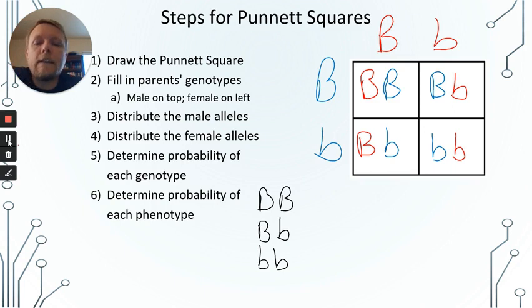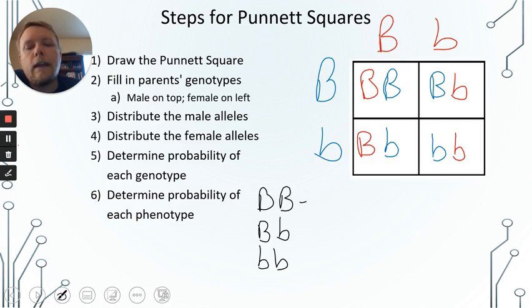Right. So now that I've listed out the possible genotypes, I need to figure out the probability of each. So remember in the previous slide, I said that each of the 4 boxes represents a 1 in 4 chance or 25% chance I'll have that genotype. So we're going to start with a capital B, and I'm going to look up here and I see that in only one of the 4 boxes do I see that genotype.